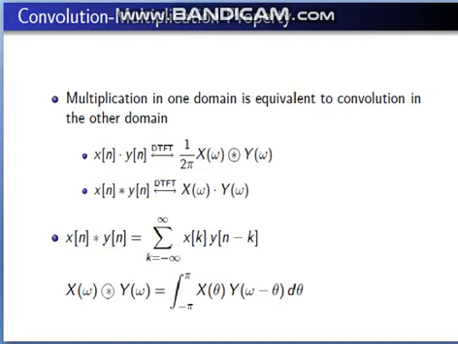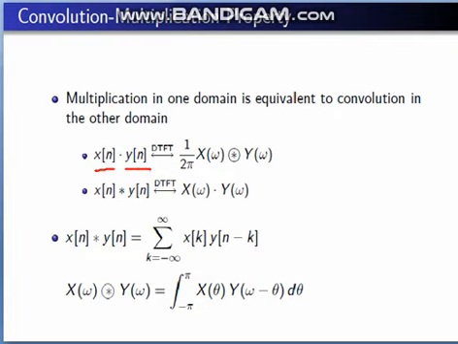For the DTFT, there is an important property, the convolution property, which we also call the multiplication property. As we all know, when two signals are multiplied in the time domain, it is actually not a multiplication but a convolution, and we have to use the convolution formula.